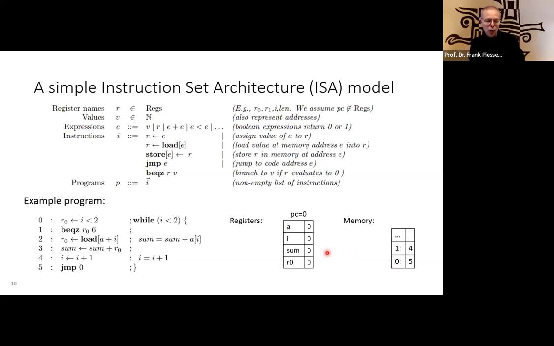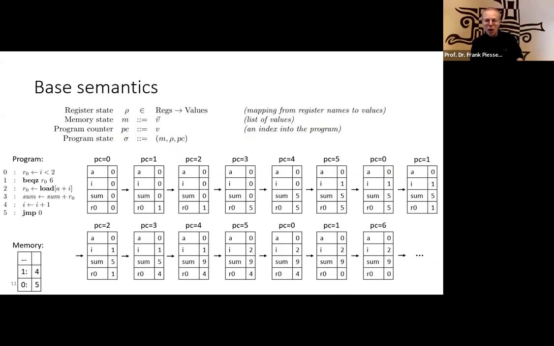So it would compute the sum 9, right? So let me walk you through that execution just to show how the processor executes. And we can actually make this a fully formal semantics. I'm not going to do that in this talk, but I hope you'll see when we go through the example that making this completely precise is really just a small step.